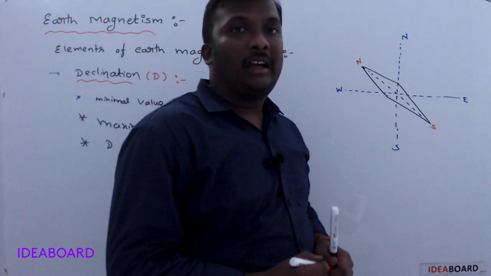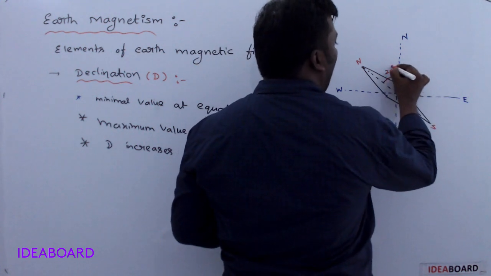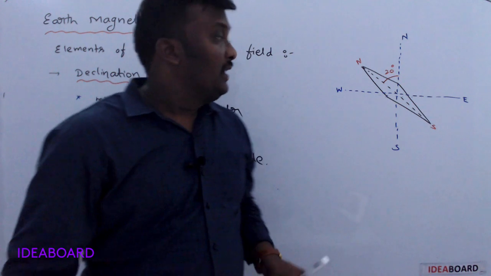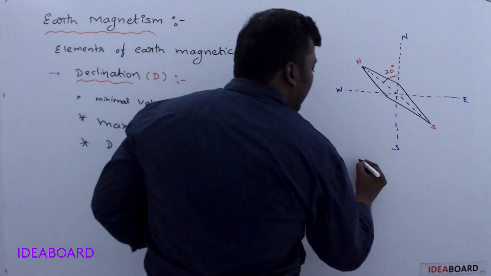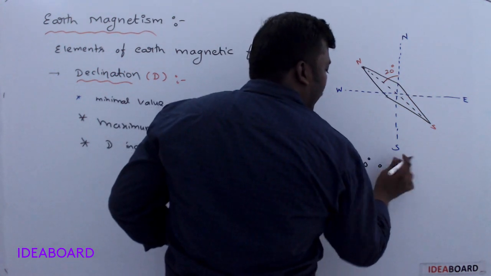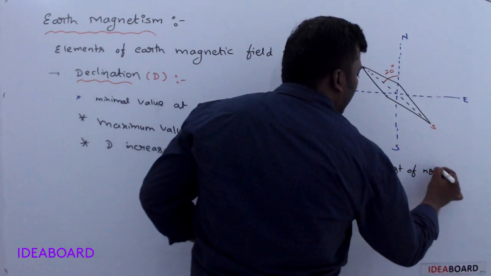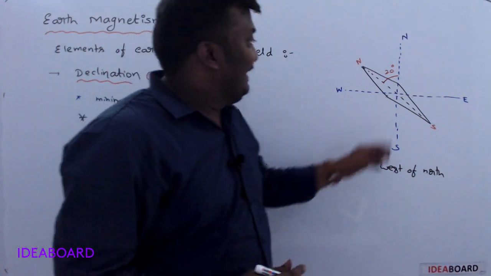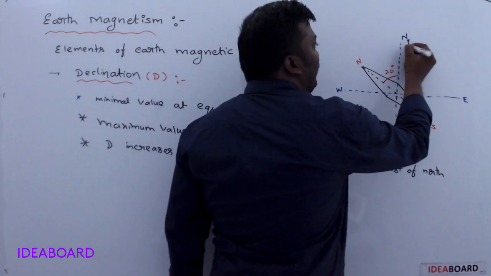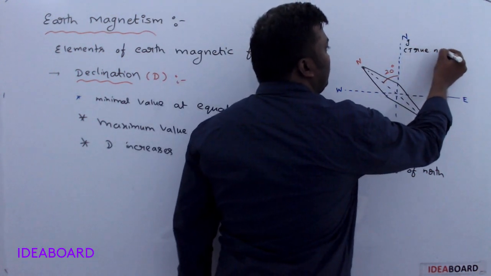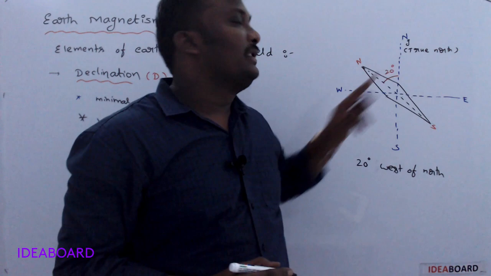In this example, let the angle of declination be 20 degrees. According to this diagram, it is 20 degrees west of north. This does not show the direction of the true north. True north is nothing but the geographical north, and the needle makes an angle of 20 degrees with the true north.